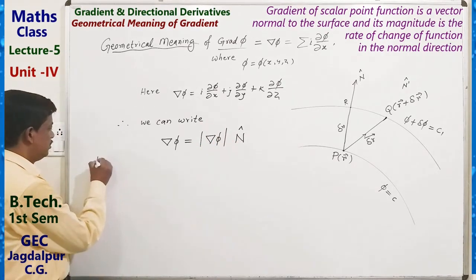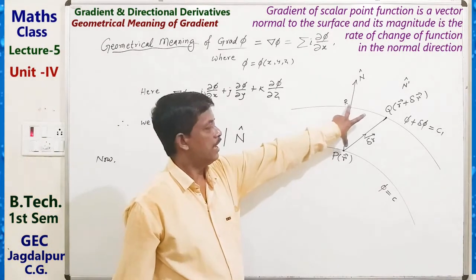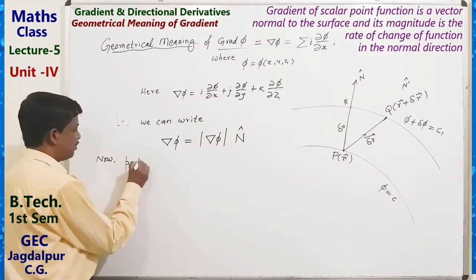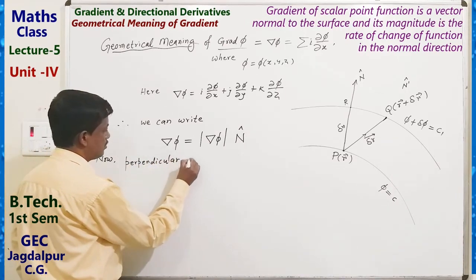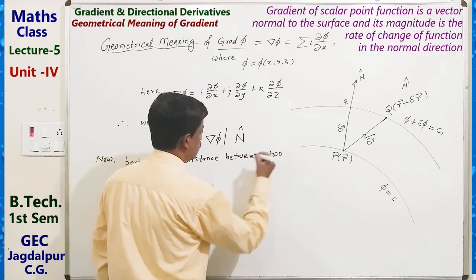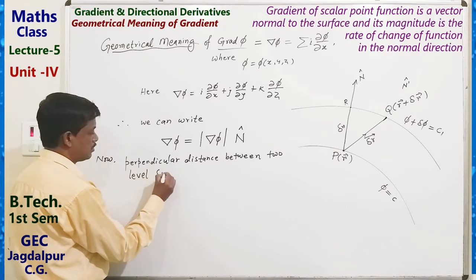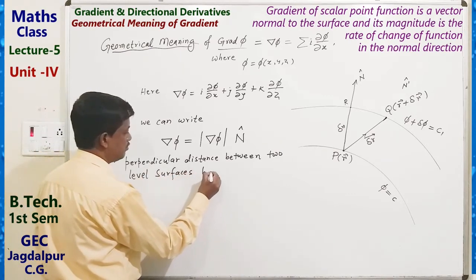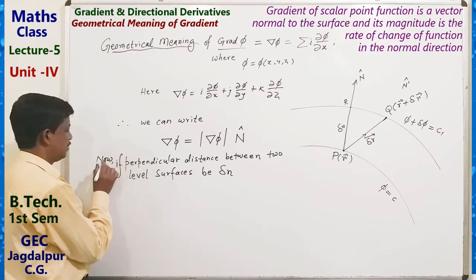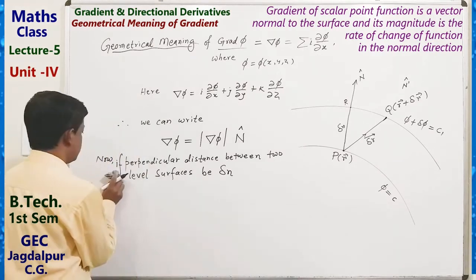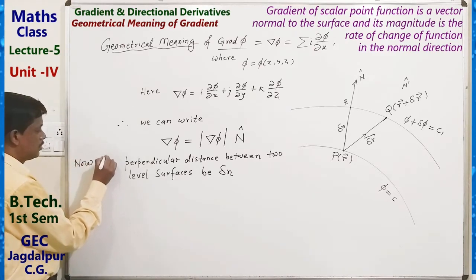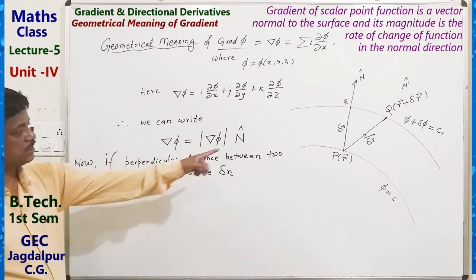Okay. Now, delta n is the perpendicular distance between two level surfaces.